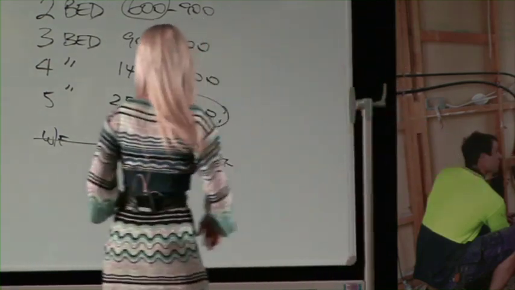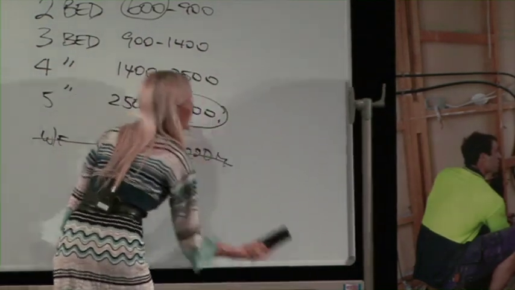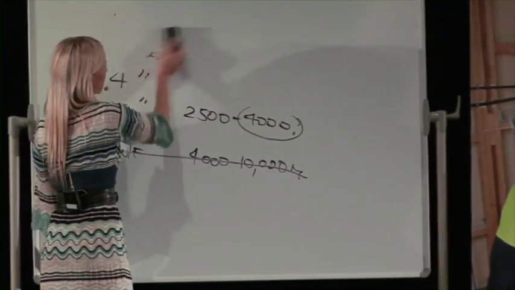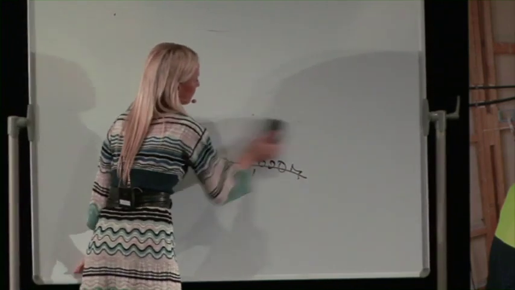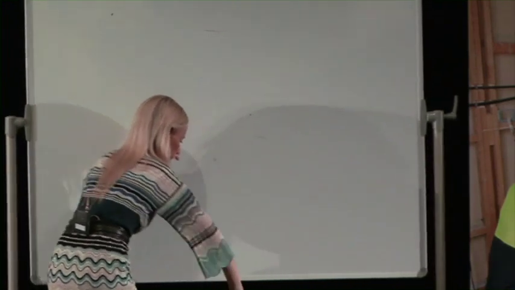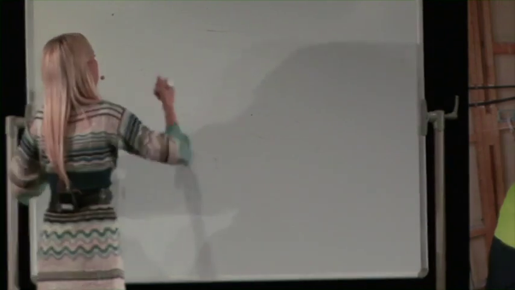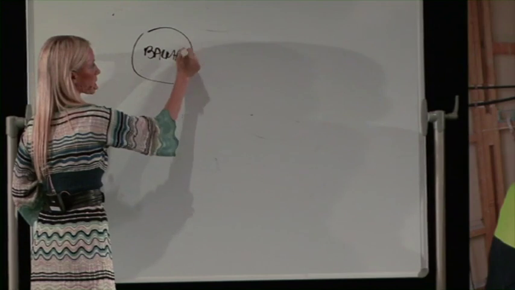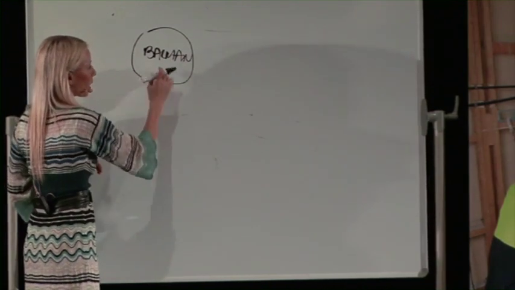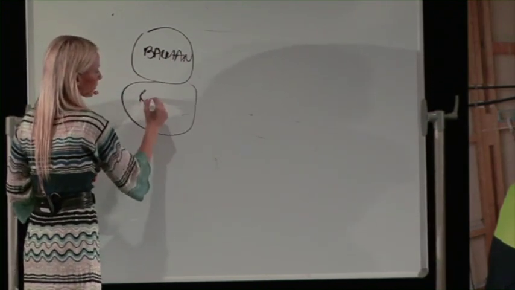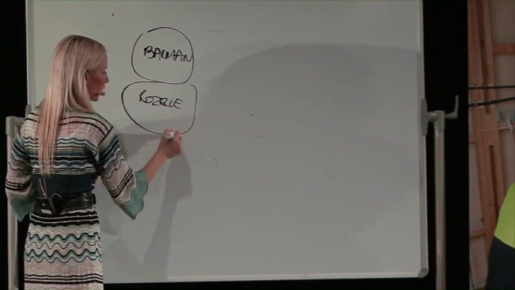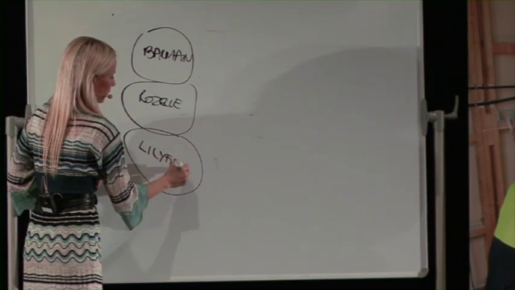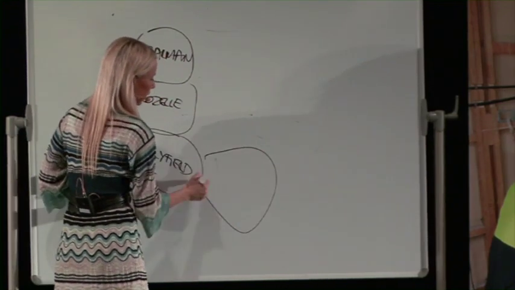I'm going to give you an example in Balmain. So you've obviously got your blue chip lifestyle suburbs. Ten years ago, Balmain was pretty expensive, and it's still very expensive today. Balmain, you've got Rozelle, you've got Lilyfield, you've also got Leichhardt over here.